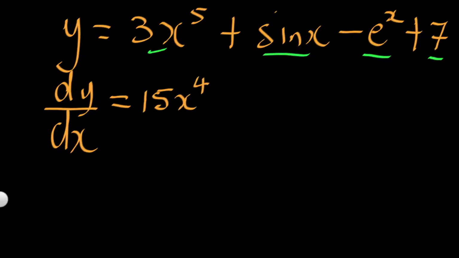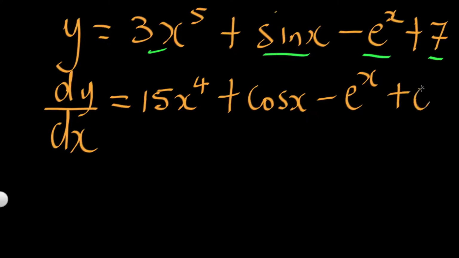We know that if we differentiate sine x, the answer is cos x. So we add the cosine of x, minus e to the power x. If we differentiate e to the power x, we get e to the power x, plus a 0, because 7 is a constant. If you differentiate a constant, we get a 0. So this is what you do when you're using the sum and difference rule.